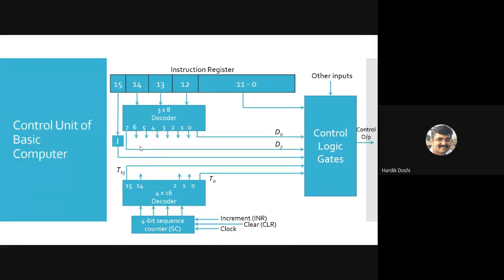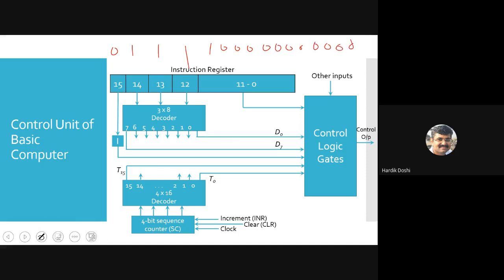But now my question is, I am giving the instruction 0 1 1 1 1 0 0 0 0 0 0 0 0 0 0 0. Which instruction is this? What is the code first of all? 7800.